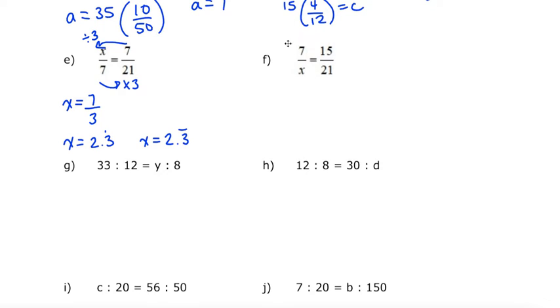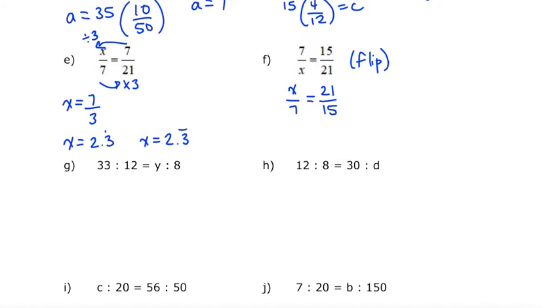So the easiest way to solve a question like this is to flip both of your fractions. That way, my unknown is at the top of my fraction rather than at the bottom.